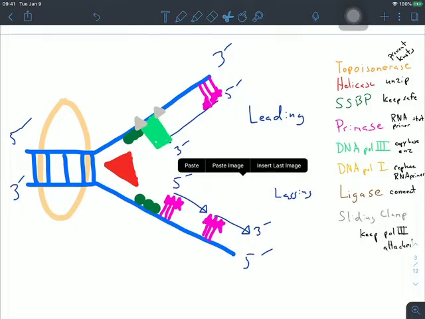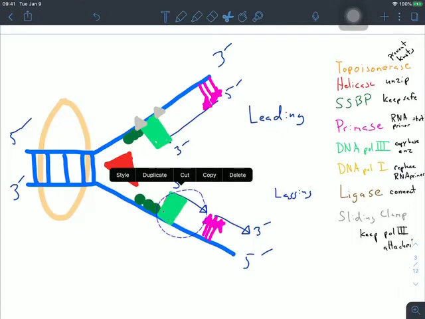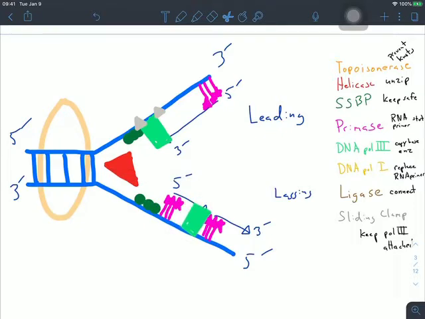Now, in the same way that bases are being added to the leading strand, we also have bases being added to the lagging strand, but keep in mind that they are going backwards. Once the DNA polymerase builds this component, it'll then find another RNA primer here and build here, and so on and so forth.